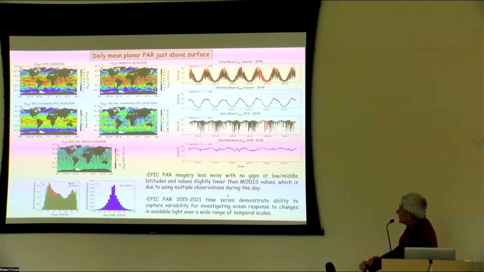But this kind of result demonstrates the ability of the EPIC instrument to describe really the variability of PAR over a large number of scales with quite good accuracy.